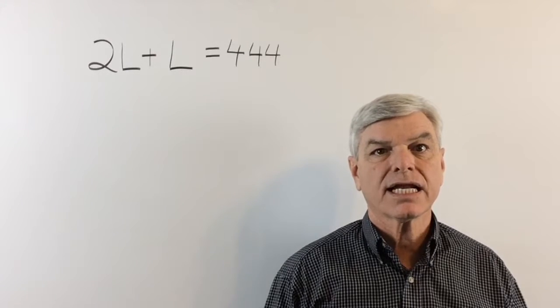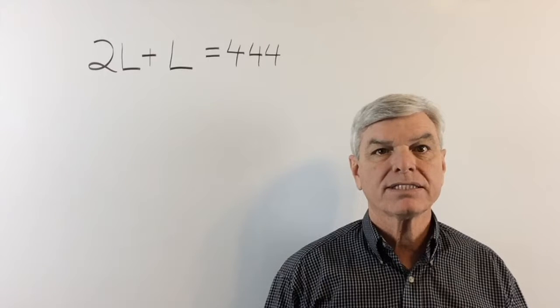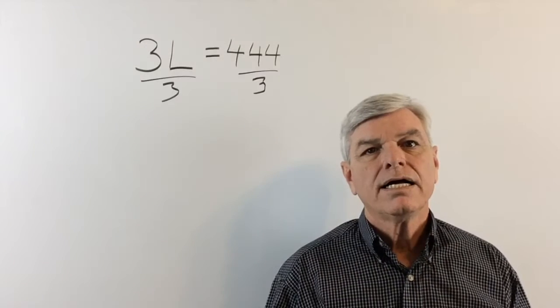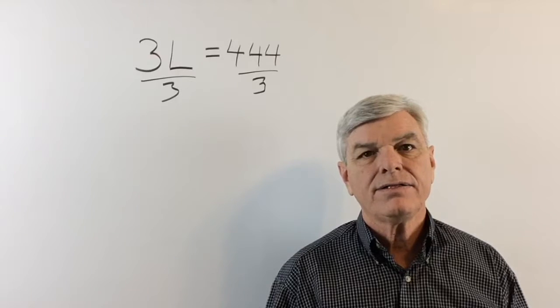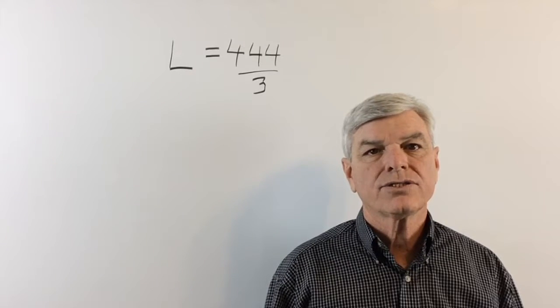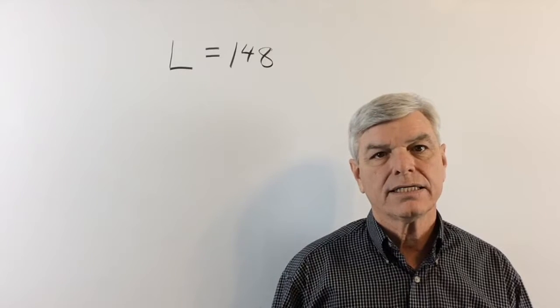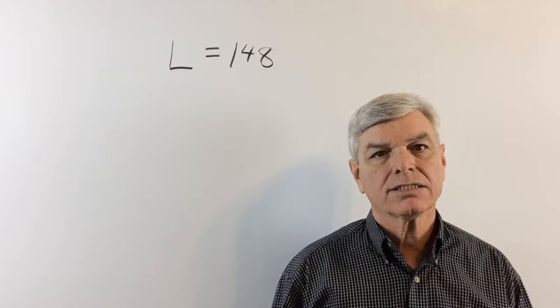Let's see. Let's add like terms: 2L plus L. Divide both sides by 3. That isolates our L. L equals 444 divided by 3, which is 148. That means the love seat costs $148.